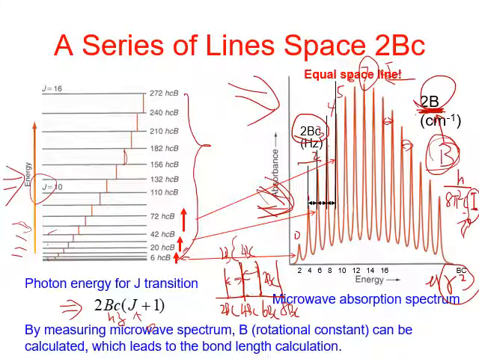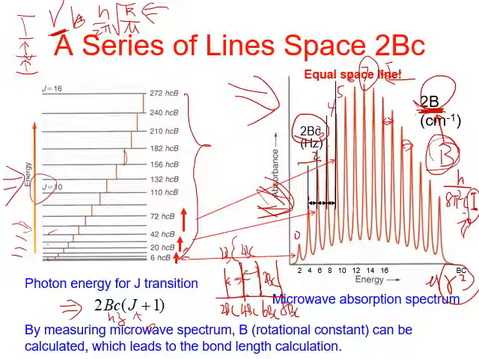Okay, so let's go over the vibration. For vibration, you have a uniform spacing, and so you only absorb one frequency of light, which equals h divided by 2 pi square root of k over mu. And so by measuring the absorbed light, you measure the frequency of light, and you can calculate the force constant. Force constant measures the strength of the bond.